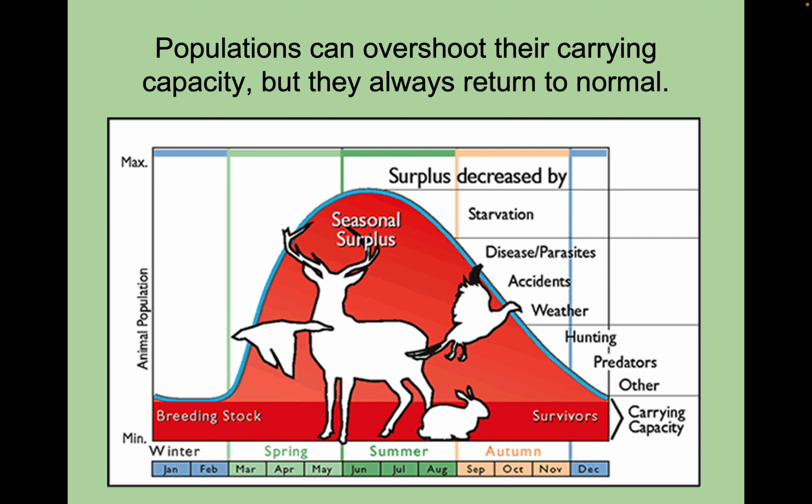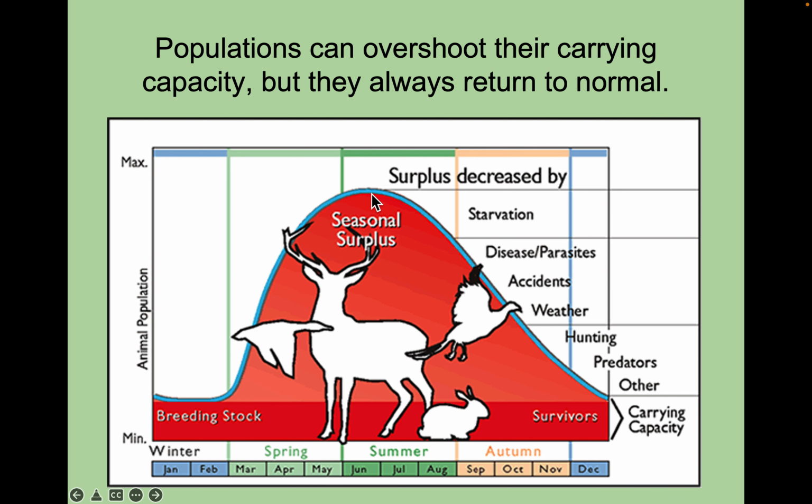Important thing to note: populations can overshoot their carrying capacity. The only ones that keep overshooting it and never come back down so far has been humans. But for everybody who's not a human, you can overshoot it, but you come back down eventually. So, for example, things like deer, rabbits, birds, in the spring, they have a whole bunch of babies.